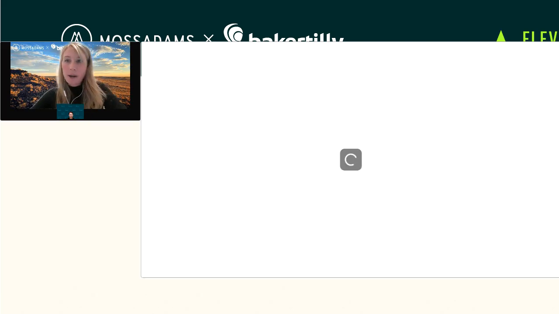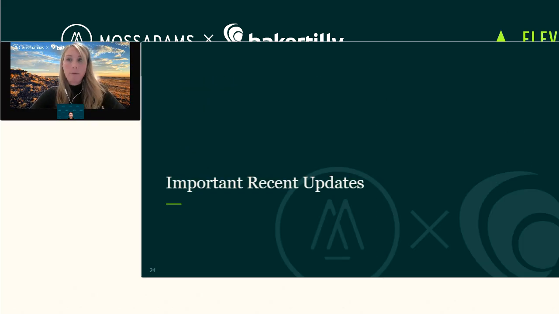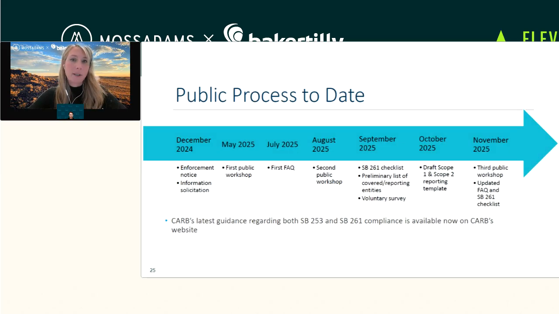Okay, now we are going to hit on some of the important recent updates that clarify and tweak a few of the things that we've talked about as the core elements of these regulations. So, at the beginning of this session, when I said it's been a year, it really has. We got the CARB enforcement notice in December 2024, just about a year ago. And we've had updates and new information and changed information every couple of months throughout 2025.